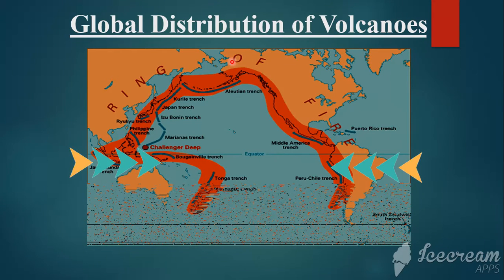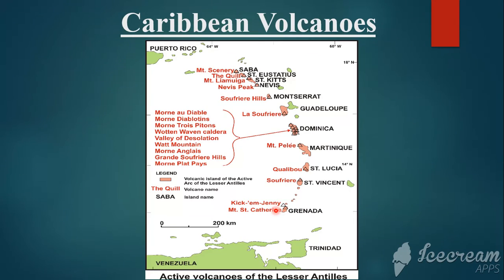So this is a very important region that you guys need to know, which is the Ring of Fire. So the Ring of Fire is where we have a lot of earthquakes and where we also have a lot of volcanic eruptions, right? So make a note of this region.